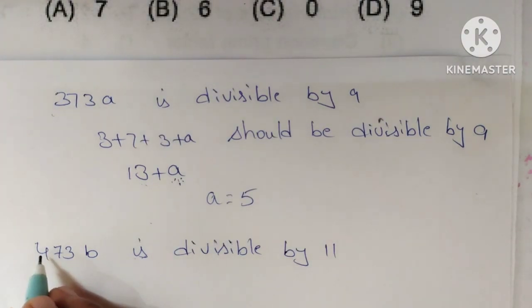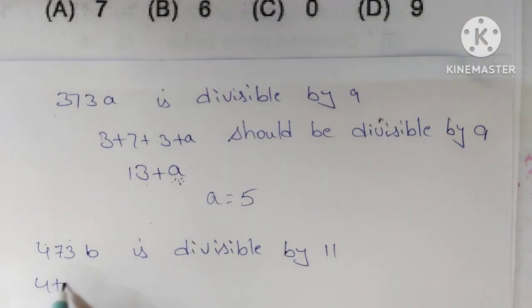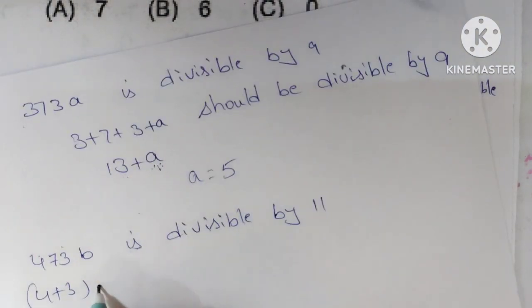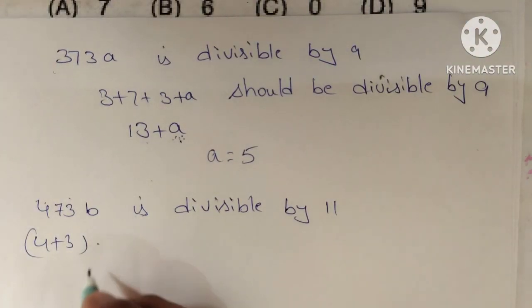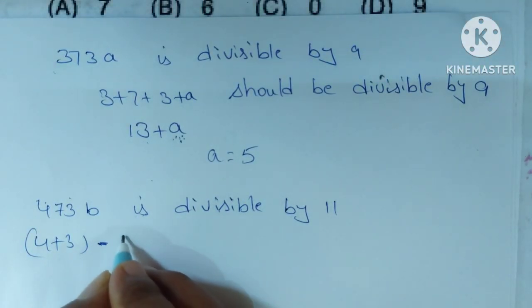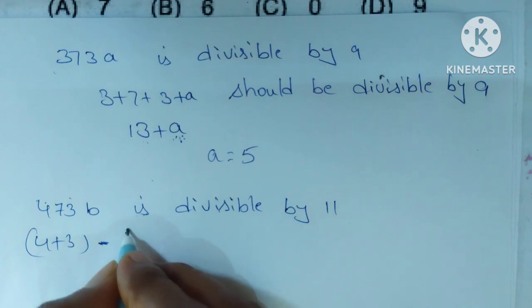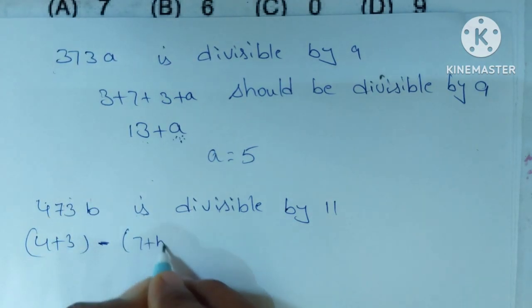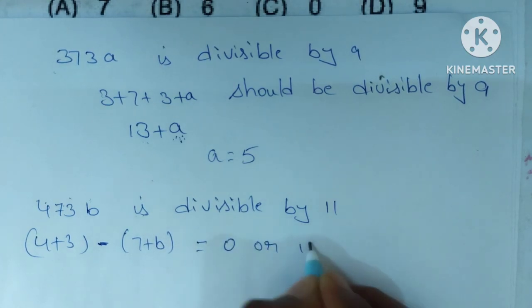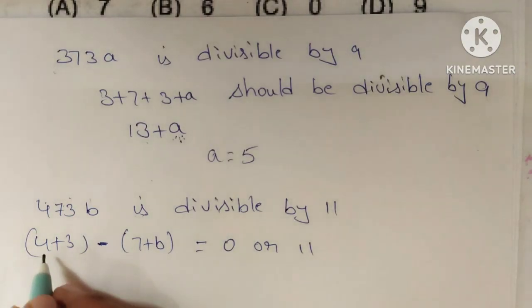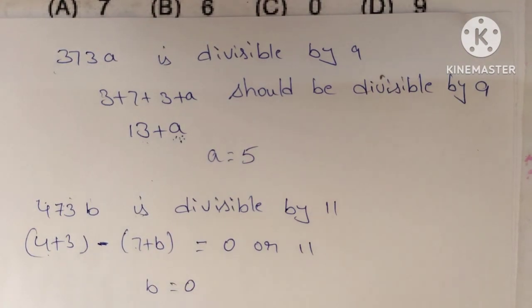Here the sum of the odd digits is 4 plus 3, minus the sum of the even digits, which is 7 plus B, is either 0 or 11. So here 7 minus 7 is 0, so B equal to 0.